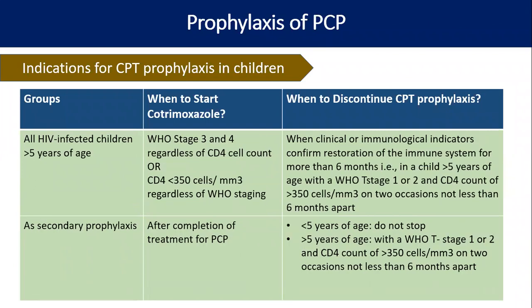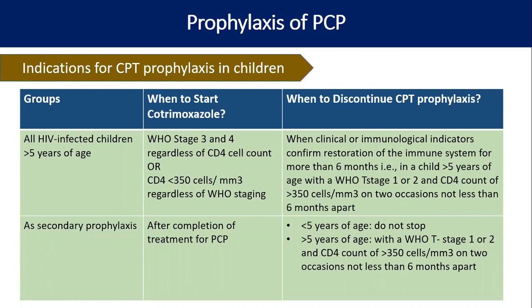Now, it is indicated for all HIV infected children more than 5 years of age whenever there is a WHO stage 3 or stage 4 condition, regardless of CD4, we should start. And if the CD4 falls below 350 cells per cubic millimeter, we should start CPT. And to discontinue, we need a CD4 count of more than 350 cells per cubic millimeter on 2 occasions separated by 6 months.